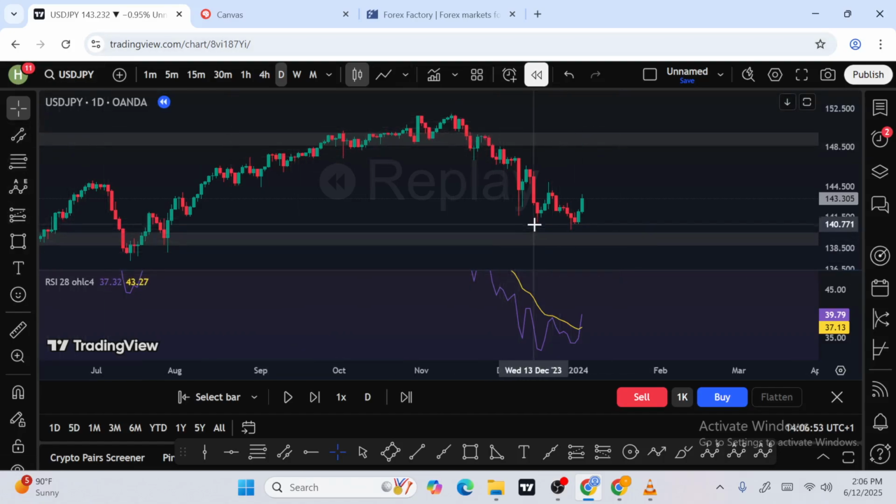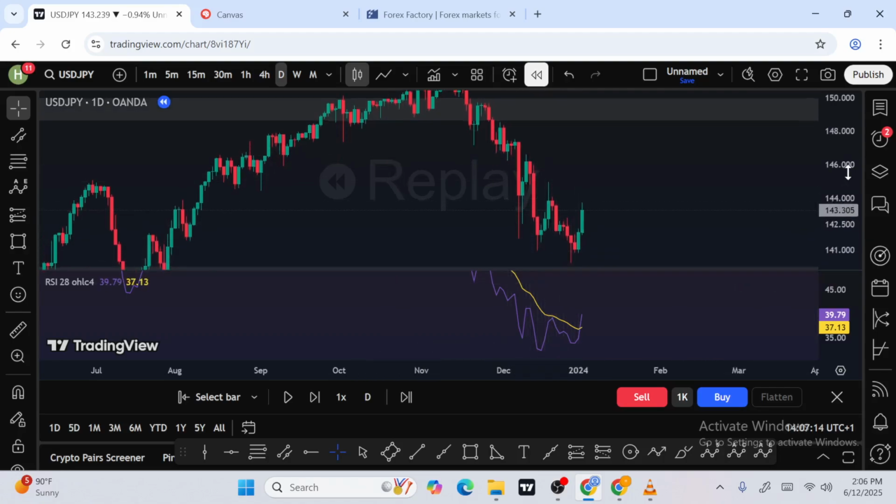Now see the chart pattern now. Look at this candlestick.